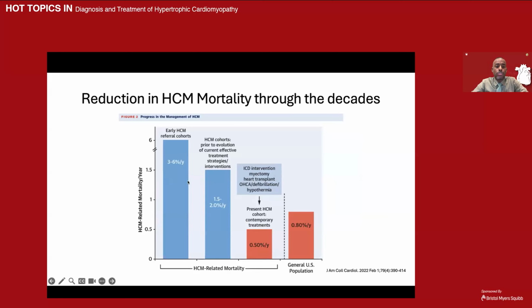This is early cohorts back in the 70s and 80s. These are more recent cohorts. The hypertrophic cardiomyopathy-related mortality went down from 3.6% to 1.5%. And now with the option of transplant and septal myectomies and septal reduction therapies, we've really brought down the death rate to 0.5% per year, which is actually lower than the general US population death rate.